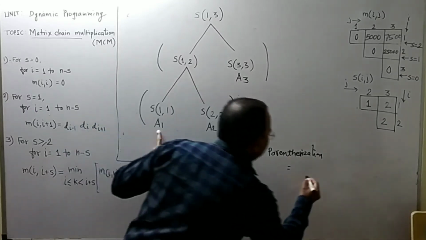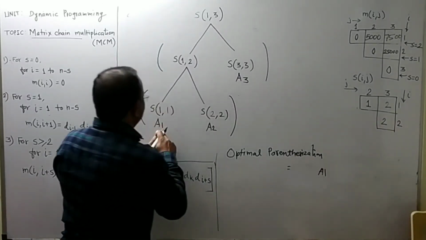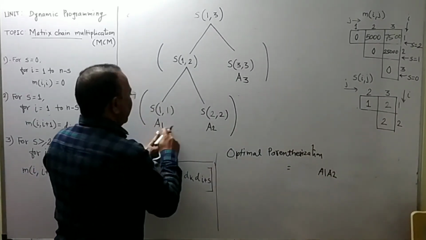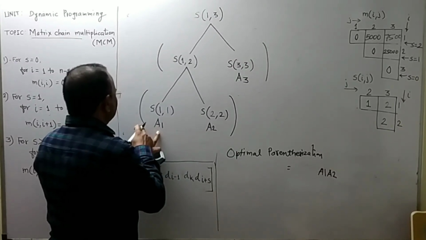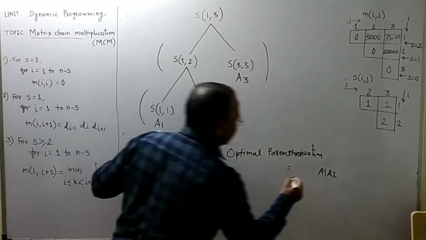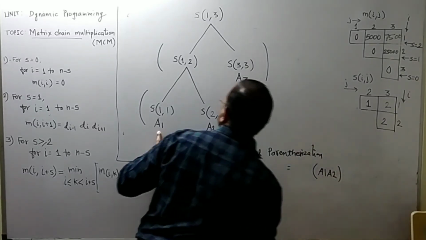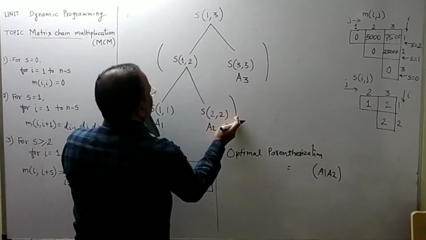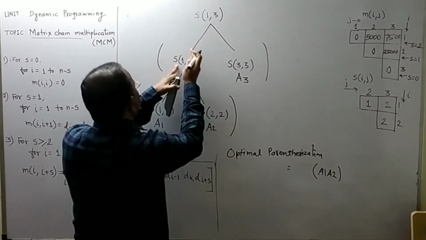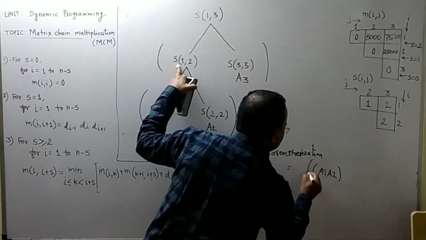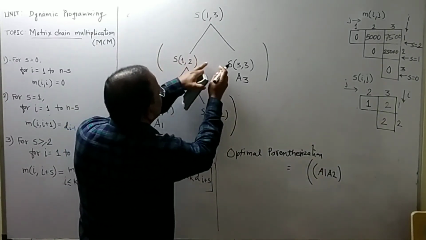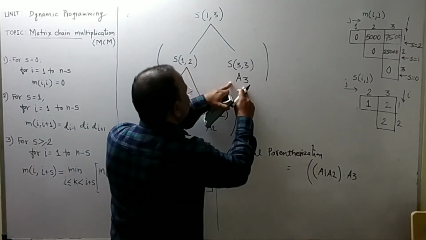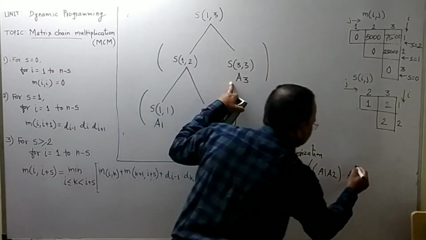Now here we have A1, which is multiplied with A2. A1 and A2 are enclosed using opening and closing brackets. Then consider the same bracket here as it is, with an opening bracket before it, then into A3, and after A3 a closing bracket.